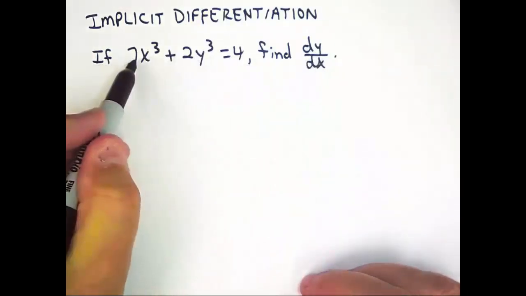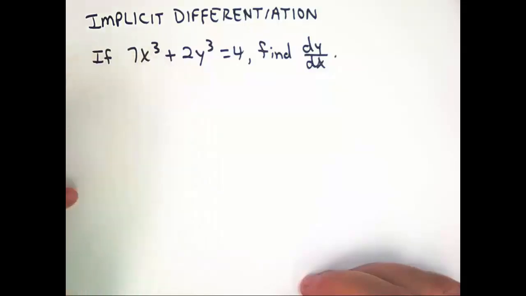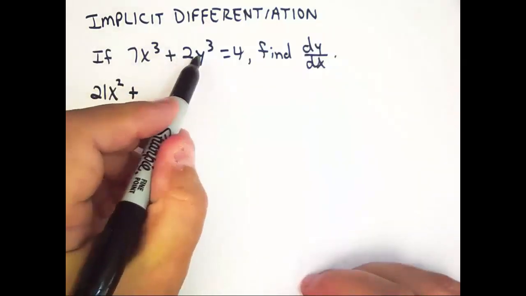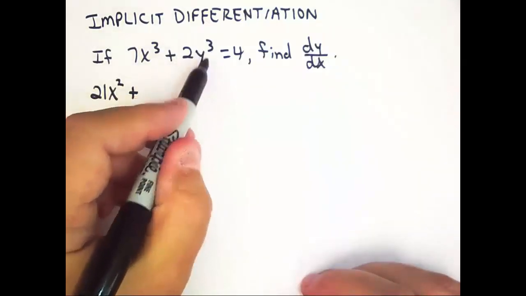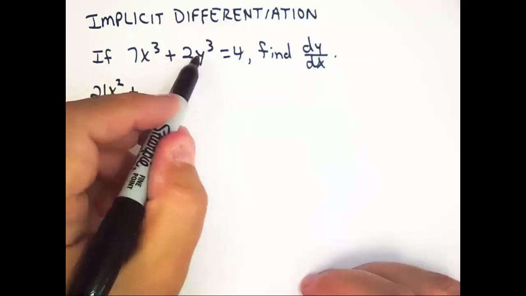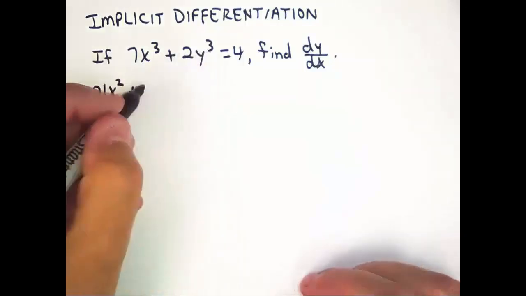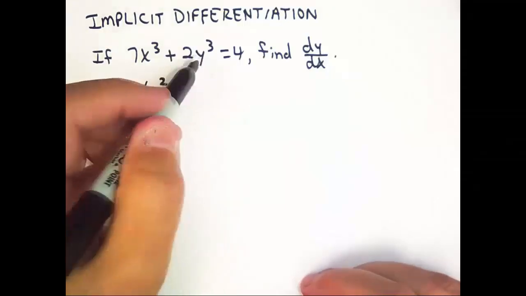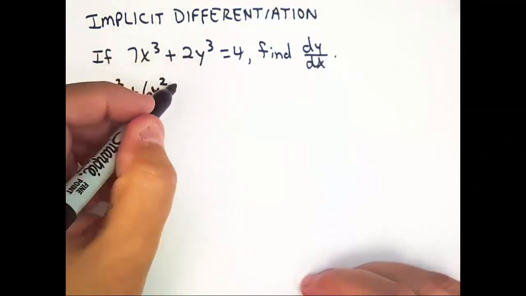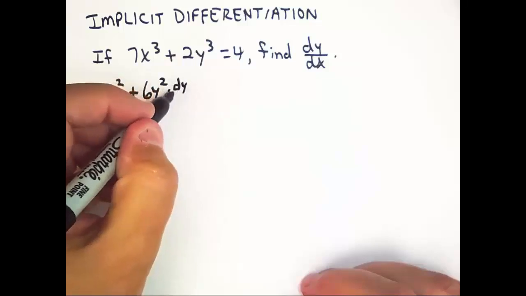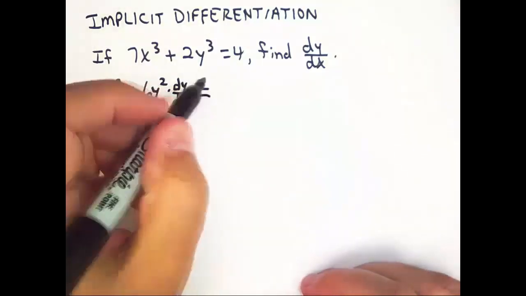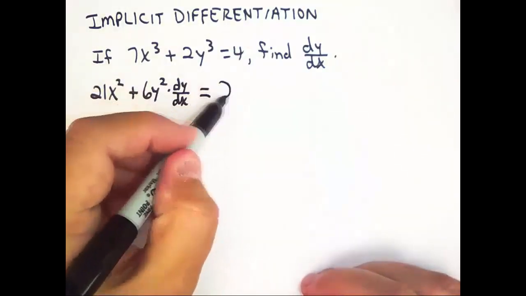So the derivative of 7x cubed is 21x squared plus, now the derivative of 2y cubed, remembering that y is a function of x, will involve the chain rule. So you got 3 times 2 is 6y to the second, and then because y is a function of x, the derivative of the base, the derivative of y, is dy over dx. And then of course the derivative of a constant is just 0.